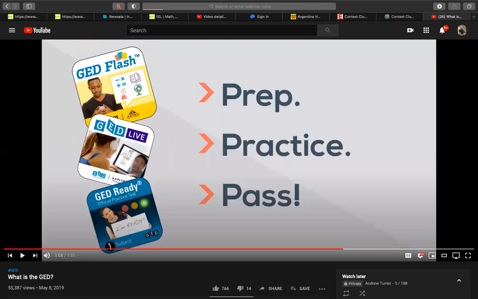So obviously GED wants you to spend money. So GED Flash, I don't know if you have Mr. Butler, he talks about GED Flash a lot. And that might be something you use, or he's let you use. The GED Live is another one. These are all that you can spend a ton of money on. You're spending $31 for this whole semester where you have access to 50 to 75,000 articles on newsela.com when you get logged into that.